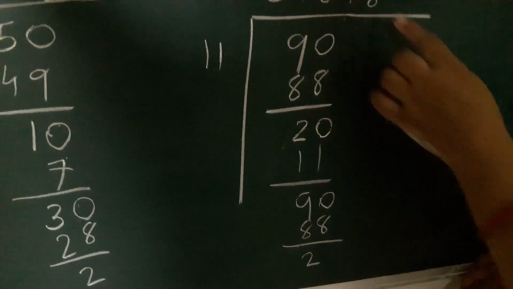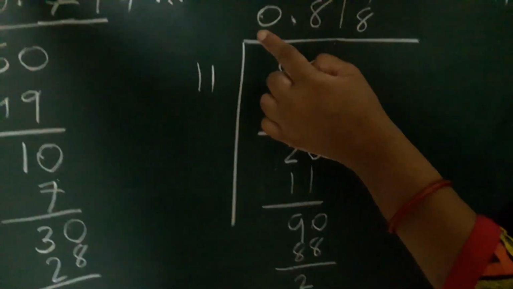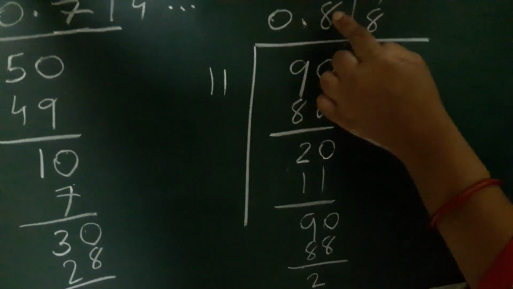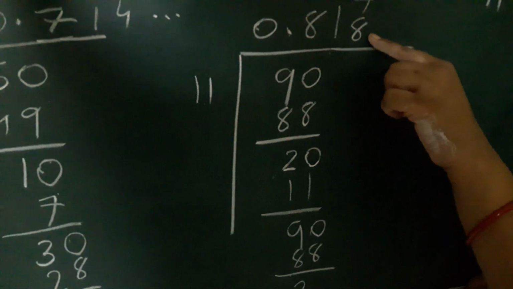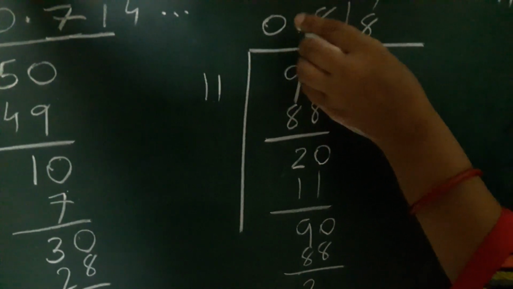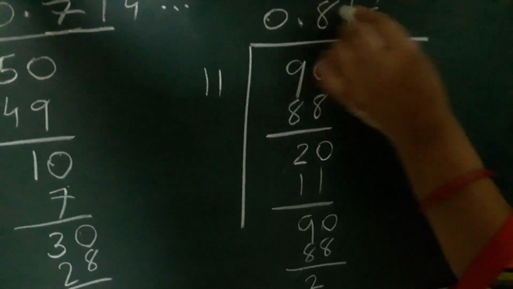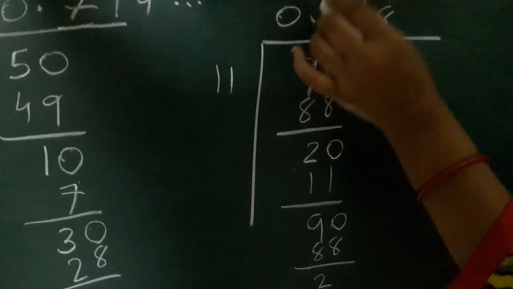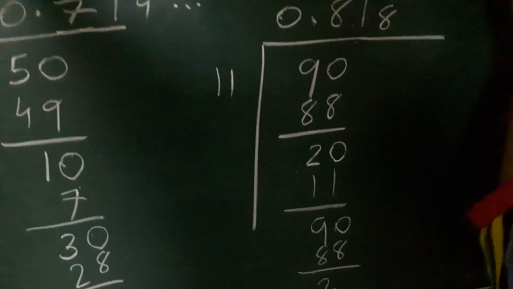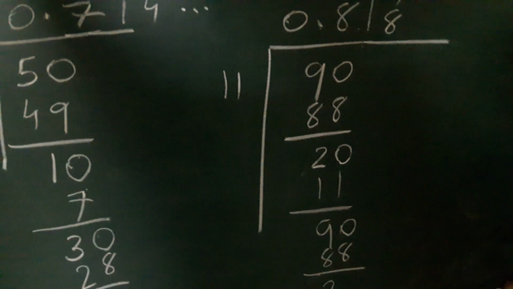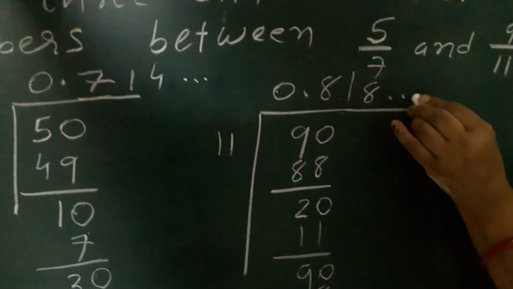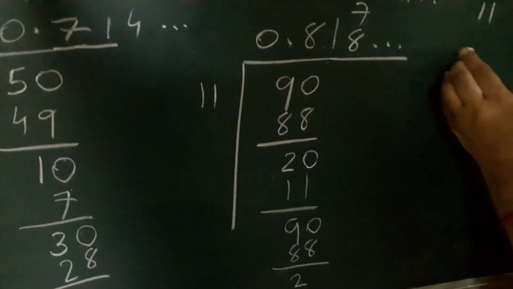So this type of decimal expansion is non-terminating recurring, but we are taking the 3 digits after the decimal point to find the irrational number between these two numbers.